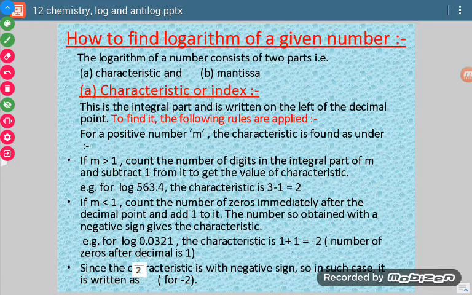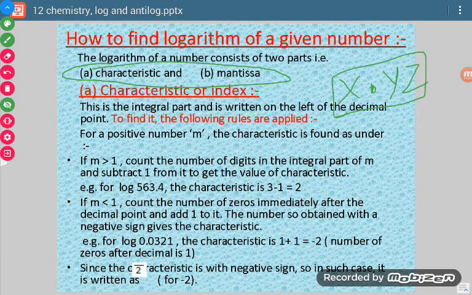When we give our answer in terms of log for any number, then our answer consists of two parts. First part is characteristic and second part is mantissa. Characteristic is that portion which is written before the decimal, and mantissa is that part which is written after the decimal.